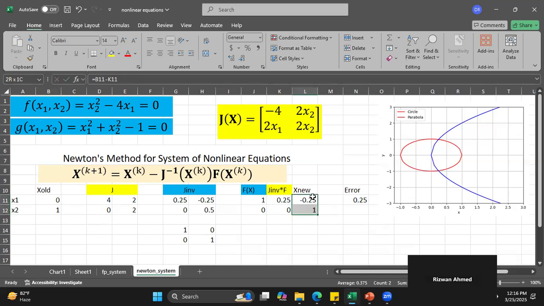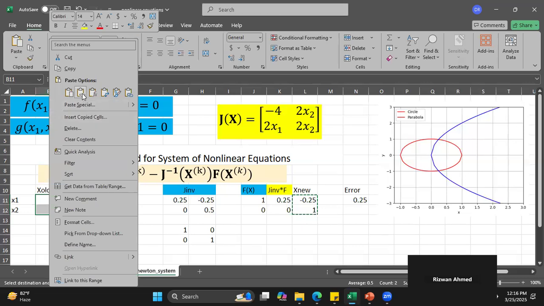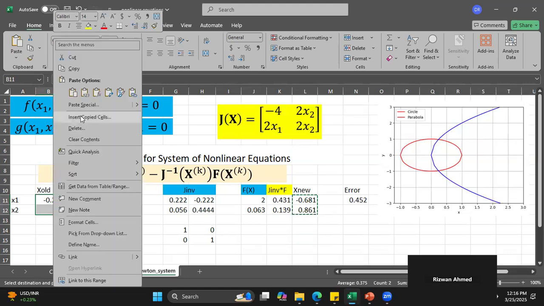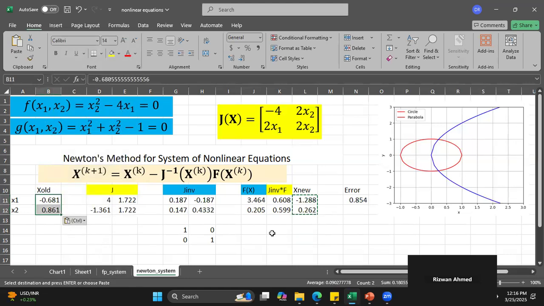Now I take this new value, copy and paste values. 0.25. It has increased. One more time. 0.85. So it is on the track of divergence.